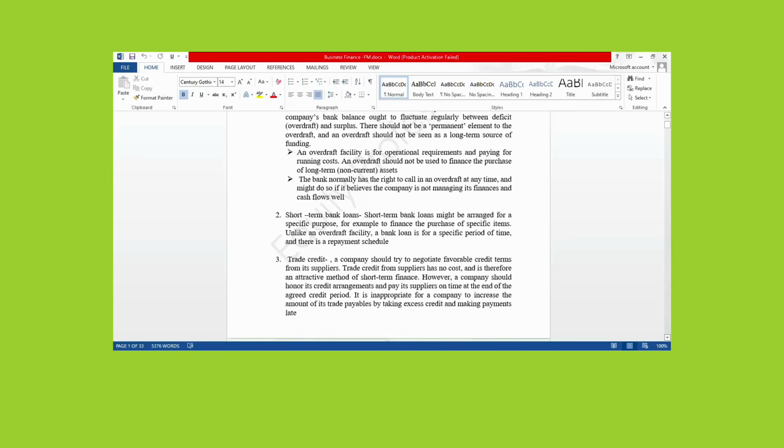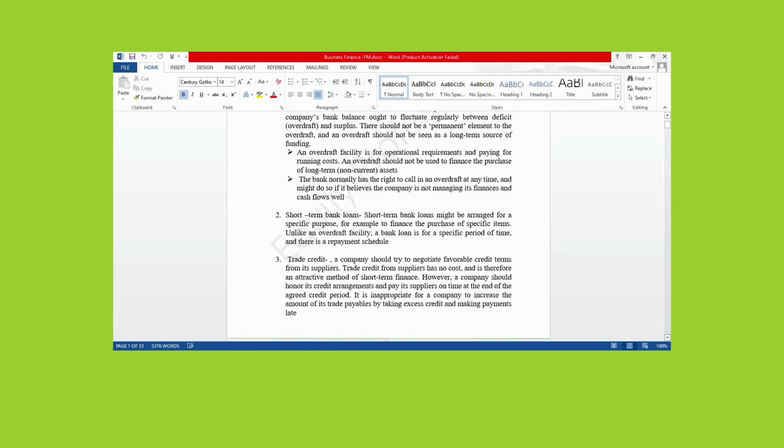Companies should try to negotiate favorable credit terms from their suppliers. Trade credit from suppliers has no cost, and it is therefore an attractive method of short-term financing.